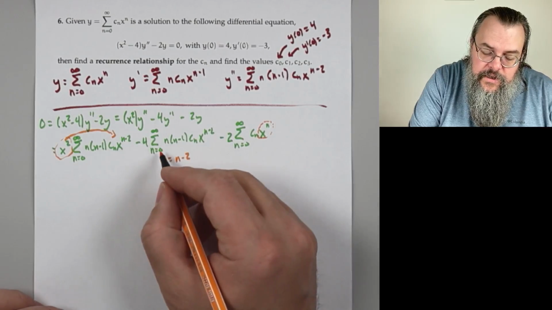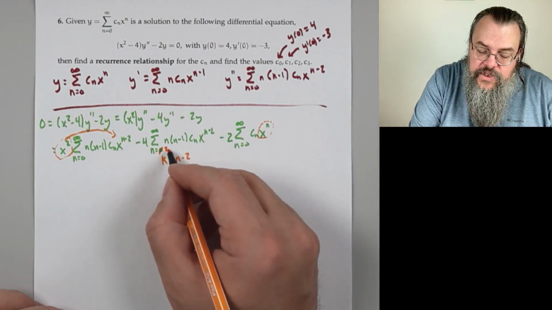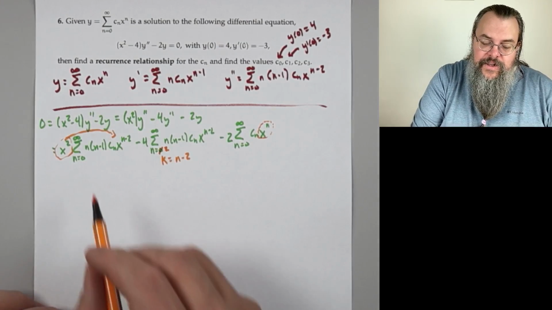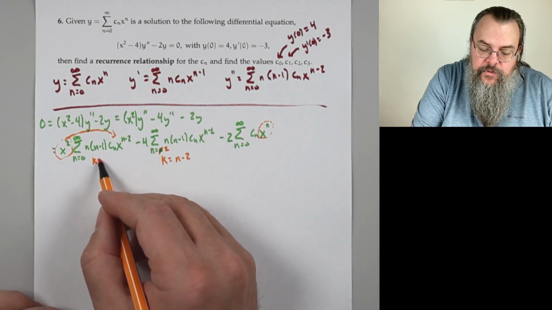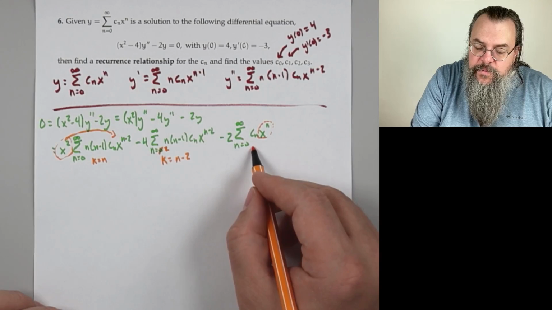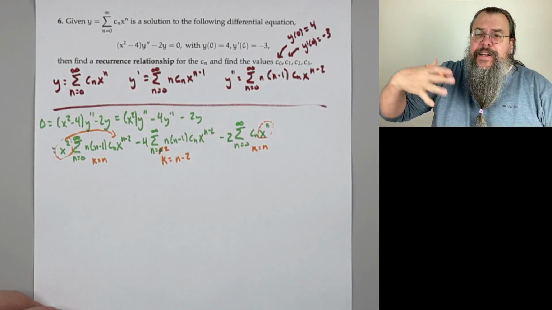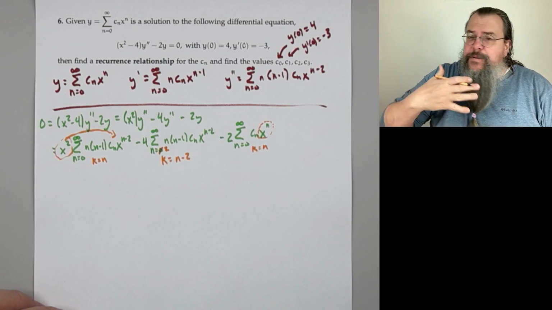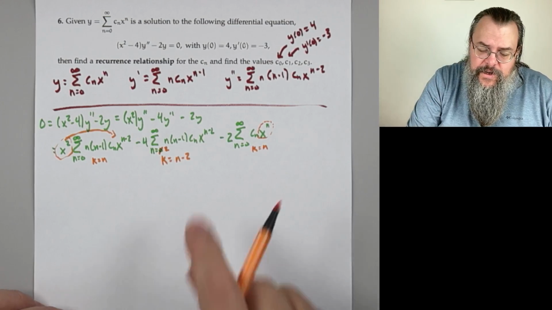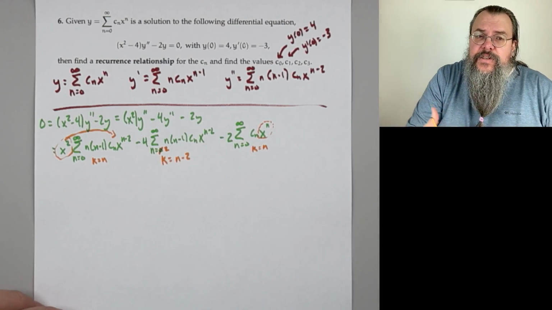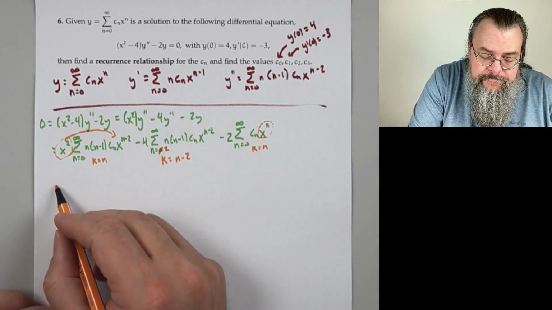So we could, and we will, change it so it starts at 2. Now, we don't need to change anything about these sums, but we will just change our index. So n is acting like a dummy variable. In other words, we can change the symbol to anything we want. So we'll make them all k, just so it's easier to see what's going on.